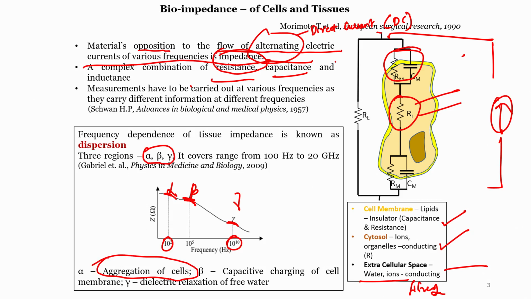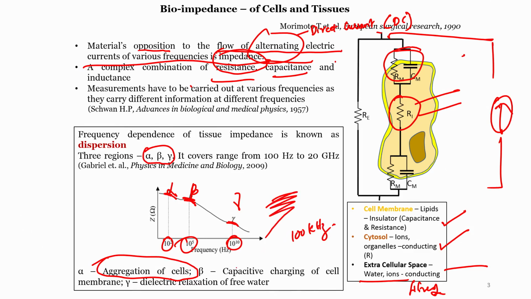Now the beta dispersion happens at higher frequency, around 10 raised to 5, that is about 100 kilohertz. That means at high frequency, if you imagine, the capacitors in the circuit are constantly charging and discharging.